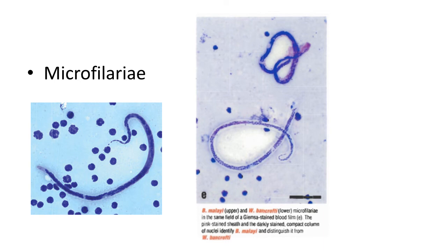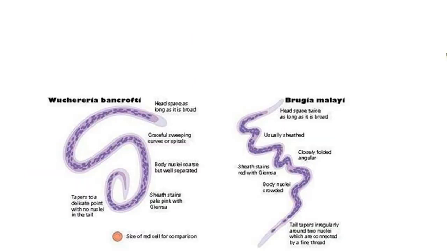And here you can see the sheath is a very pinkish color in Brugia malayi, but in Wuchereria bancrofti it is not like that, a very pale, purplish color. So you can see the appearance, single or less coiled or curved in Wuchereria bancrofti, but Brugia malayi has more secondary curves.